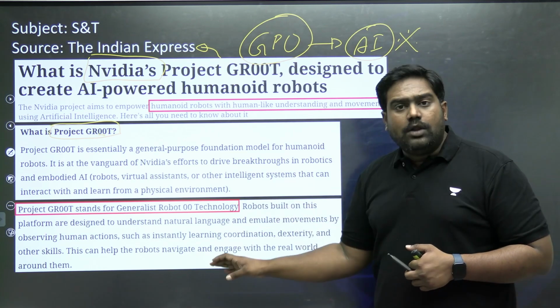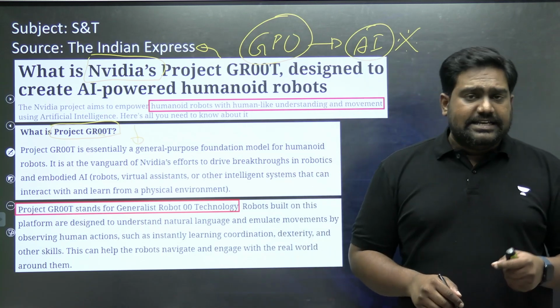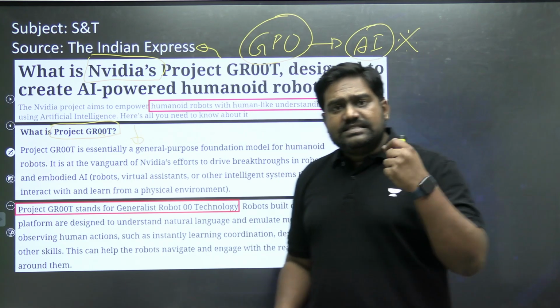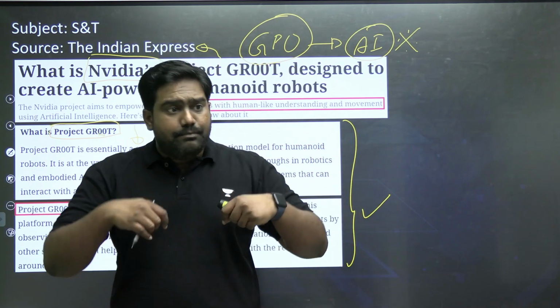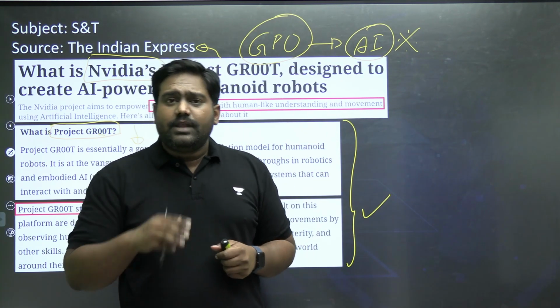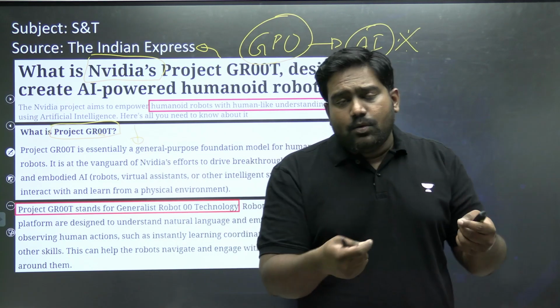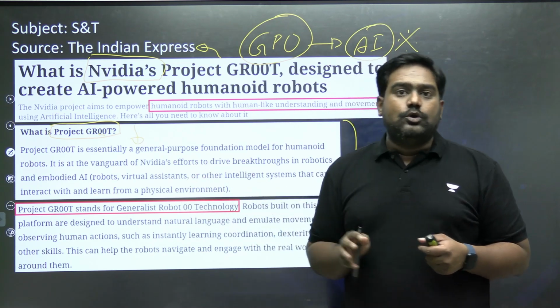Basically, the goal of this project, led by NVIDIA and other companies, is to develop a humanoid robot which can listen to other humans speaking and learn from that and mimic the same language. It can look at human action and imitate what humans are exactly doing. So that is the purpose of Project GROOT.